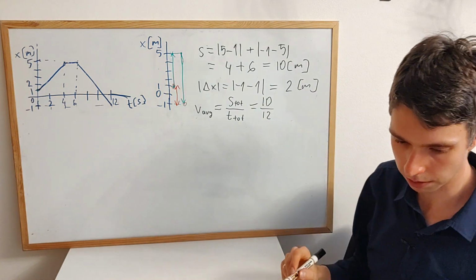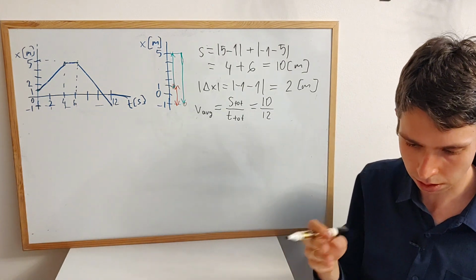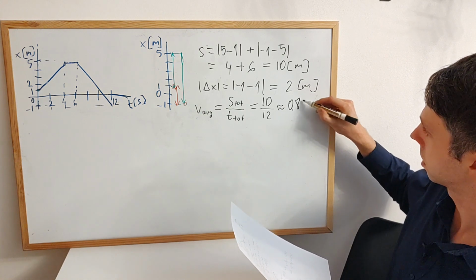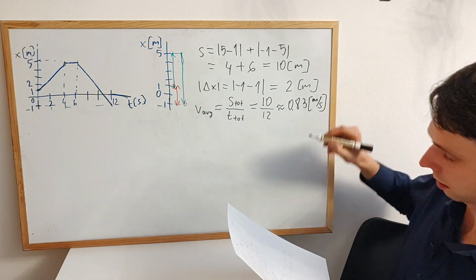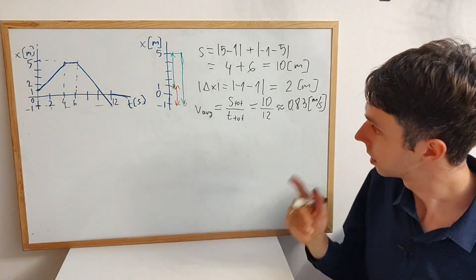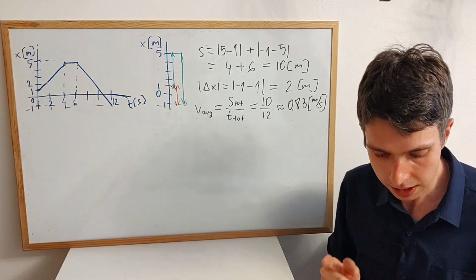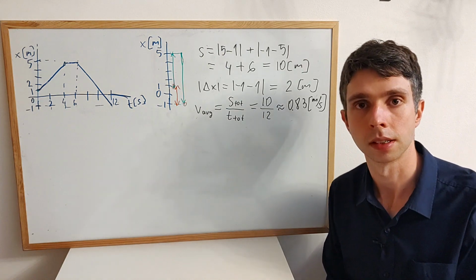So it's 10 divided by 12, and if you use a calculator, you get that this is approximately 0.83 meters per second.